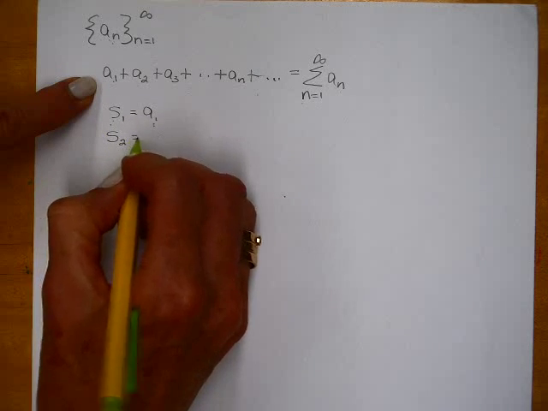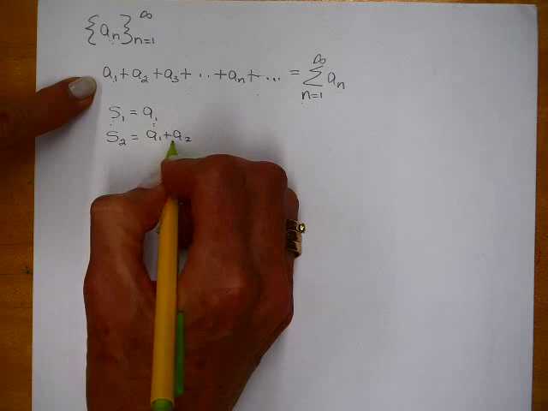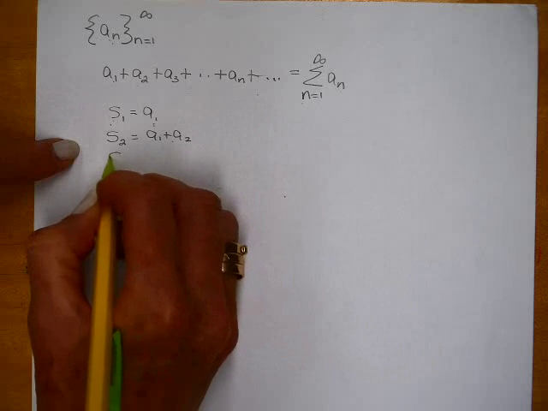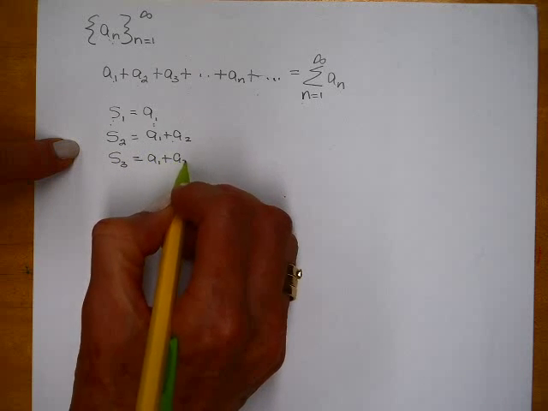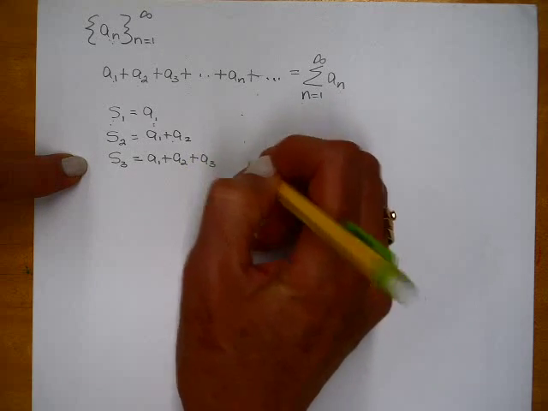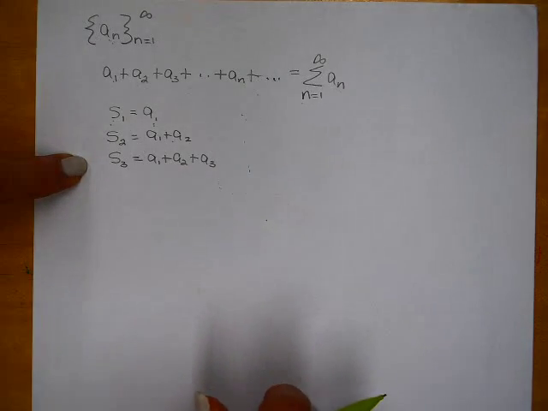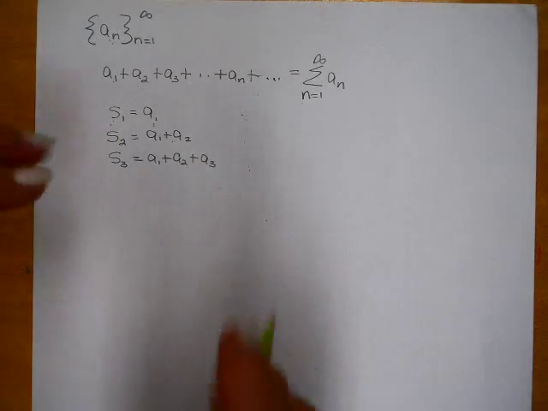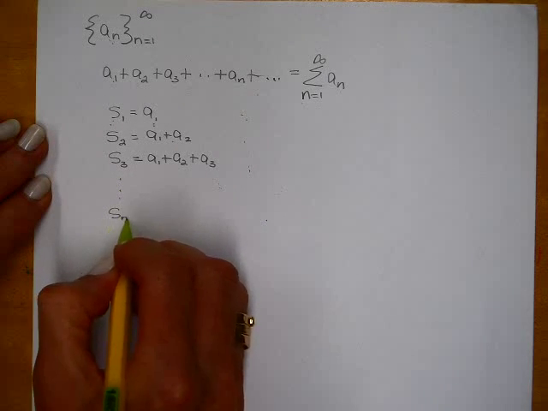We look at S sub 2, which is the sum of the first two terms. Then we look at what happens if we add three terms together. And we're looking at these totals out here. Are these totals getting larger and larger and larger, or are these totals getting closer to another number? So we keep going forever.